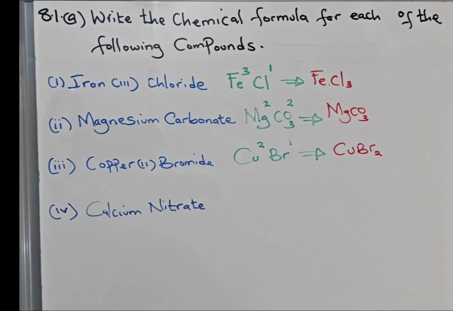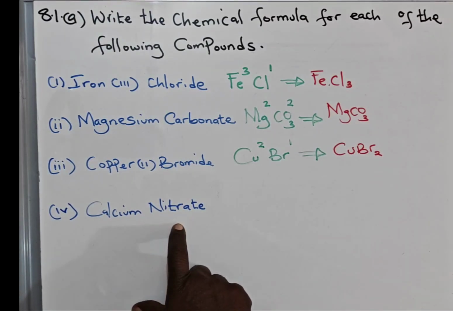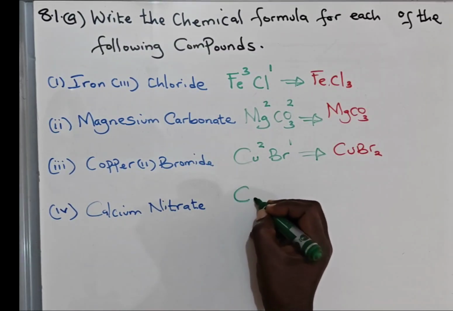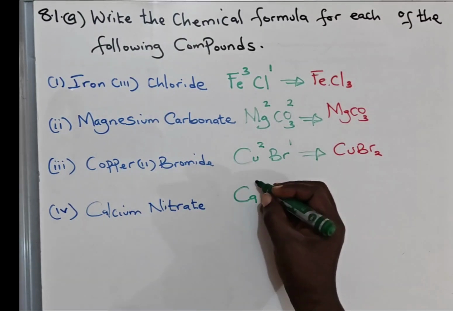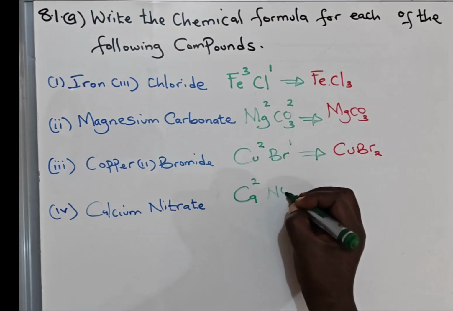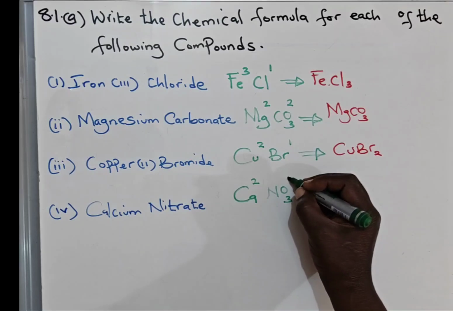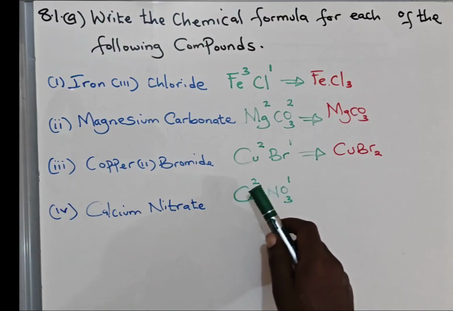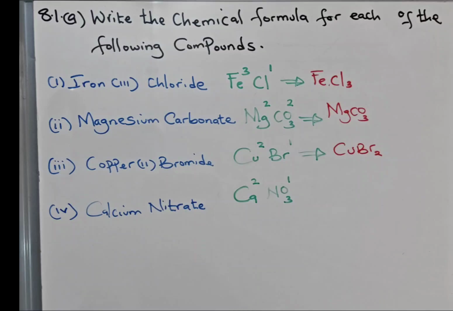Then we come to calcium nitrate. Calcium, which is Ca, is a group 2 element, meaning it has 2 as the combining power. Nitrate is a radical, NO3, having -1. Remember that these combining powers are exchanged. This one comes here and this one comes here, but we don't write 1.